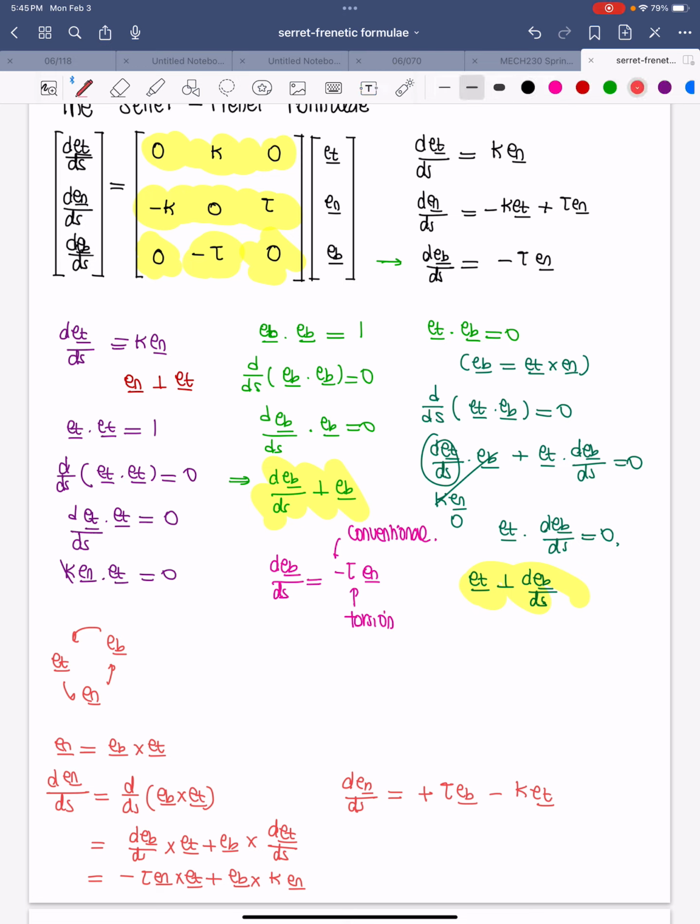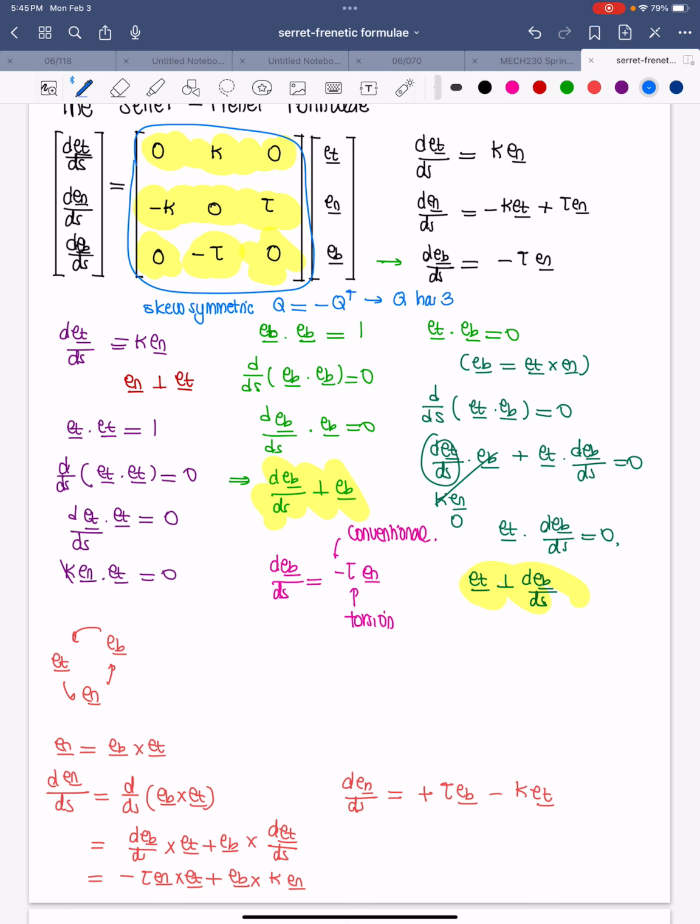I'd like to note something about this matrix. If you've taken linear algebra, you might have noticed that this matrix is skew-symmetric, meaning it's equal to the opposite of its transpose. This means that this matrix only has 3 independent components. Let me write that here.